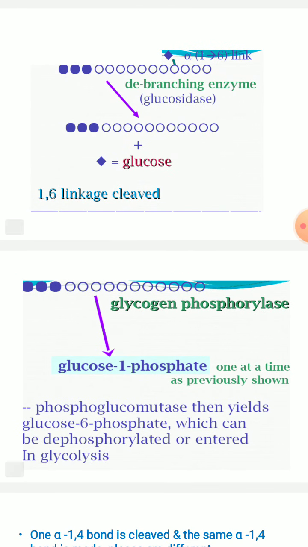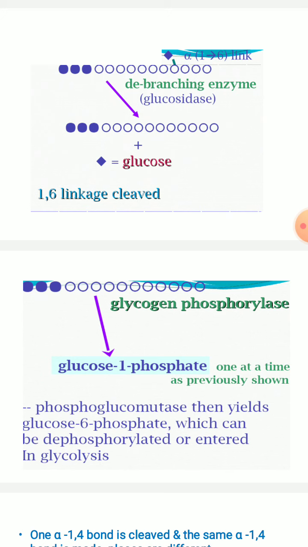So now, the glycogen phosphorylase enzyme: what is its action? It helps in the removal of one glucose molecule and phosphorylation, resulting in the formation of glucose 1 phosphate.